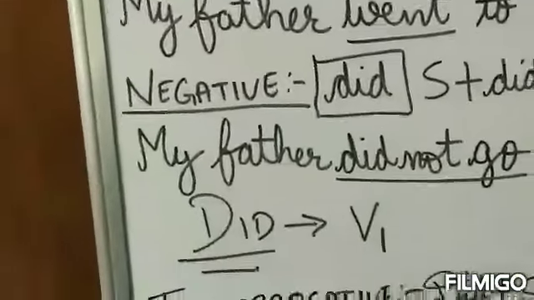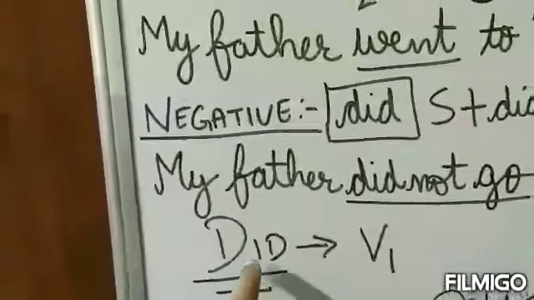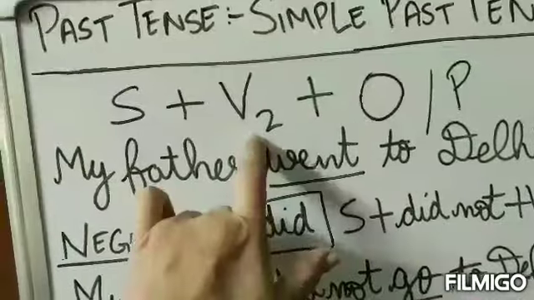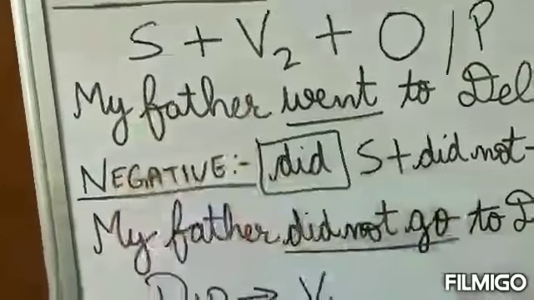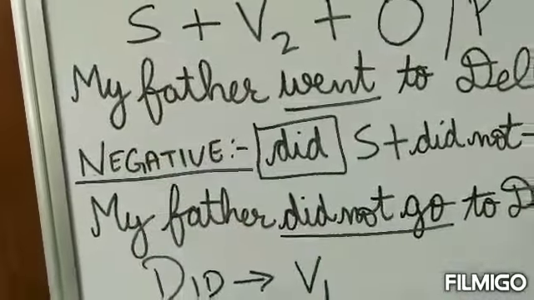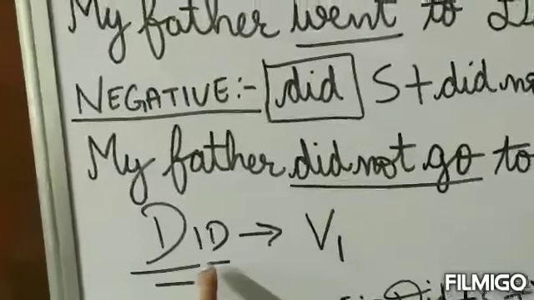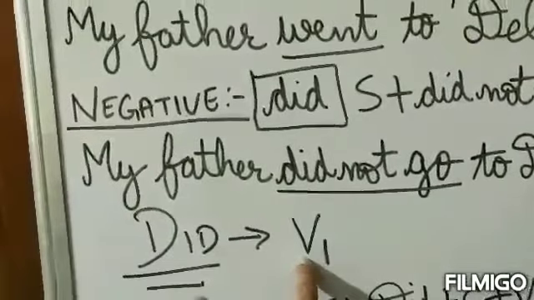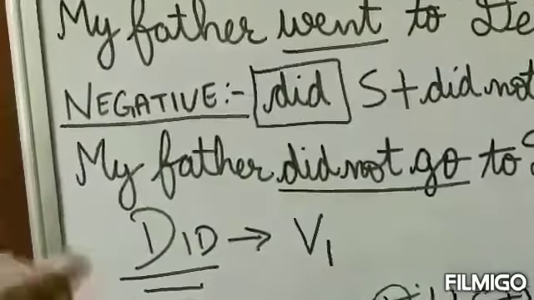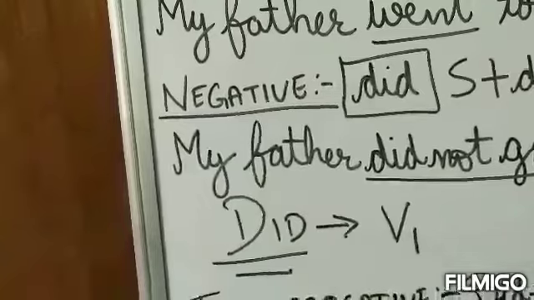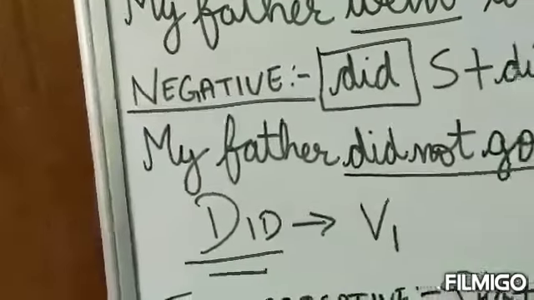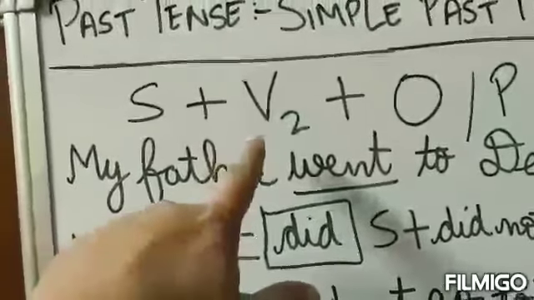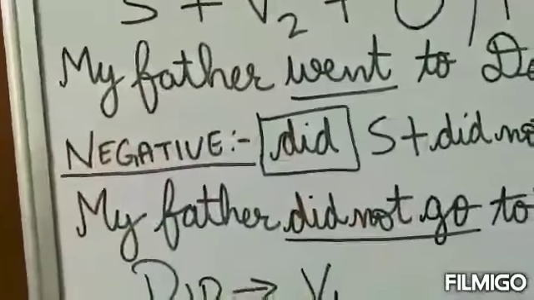Always remember one thing, all of you, that whenever we use did, with did we never use the past form of the verb. Okay, remember this rule. With did we use the first form, the root form of the verb. Then you will say, if it is past tense, just as we did in the starting, the second form of verb should be used, so why not here?